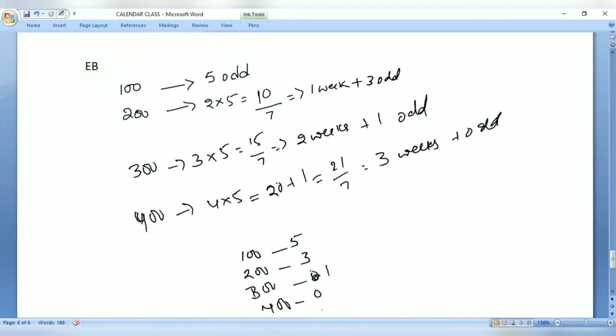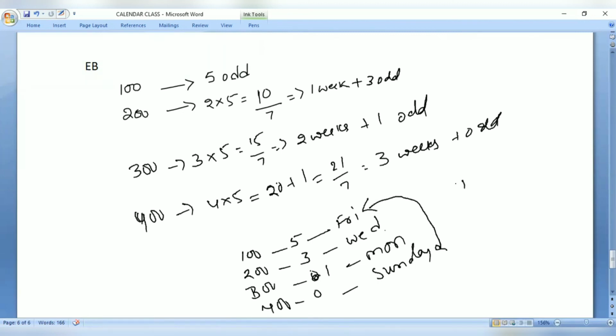For every 400 years, 0 odd days. That means 5 indicates it is a Friday, 3 indicates it is a Wednesday, 1 indicates it is a Monday, 0 indicates it is a Sunday. So for any century, be it 500 or so, we will be getting only these values. That means Friday, Wednesday, Monday, and Sunday.